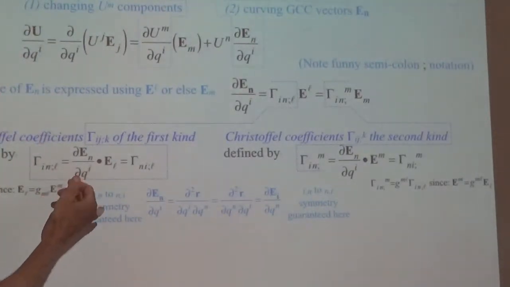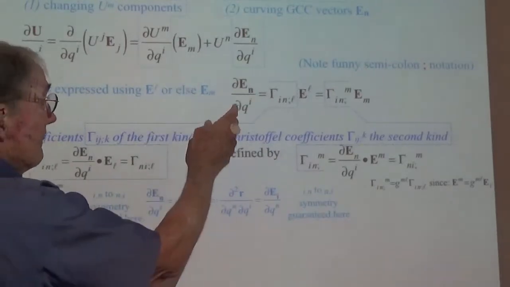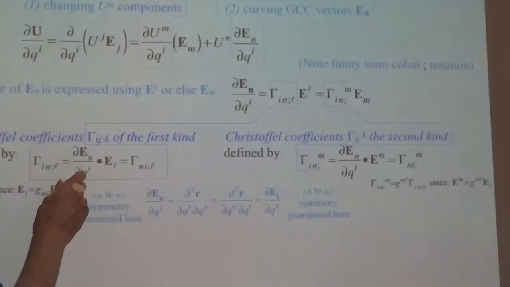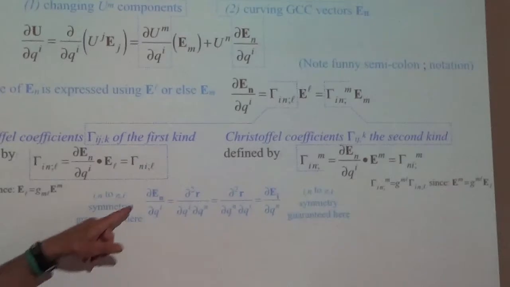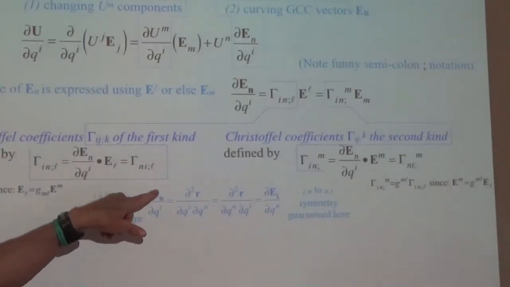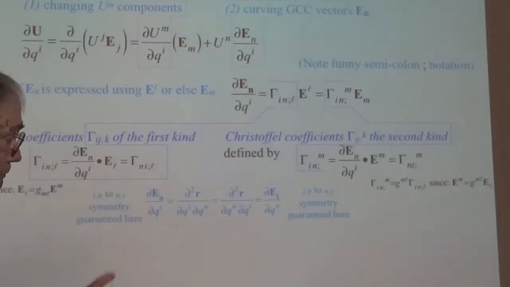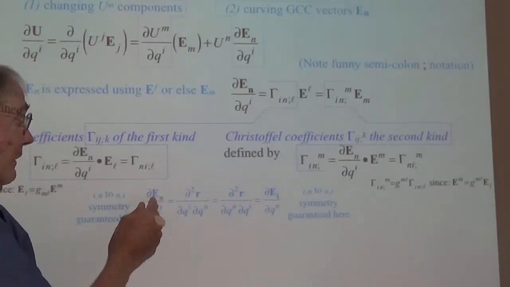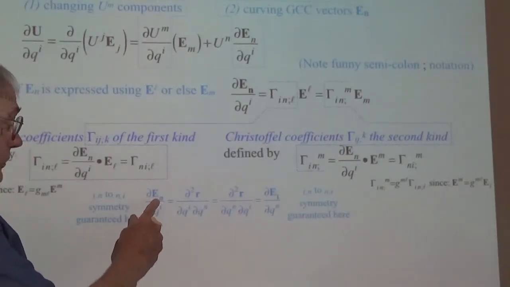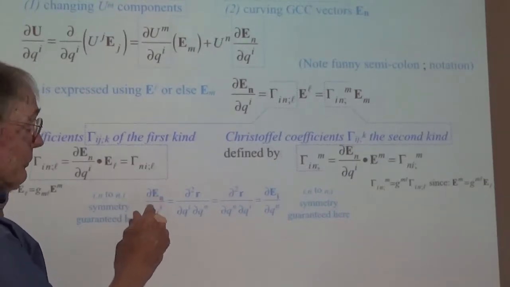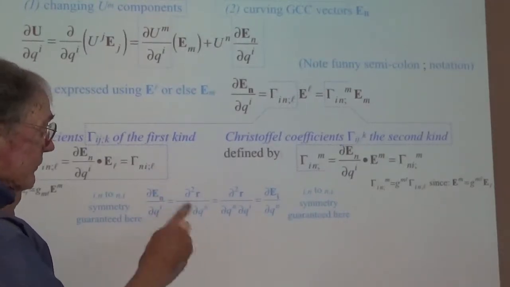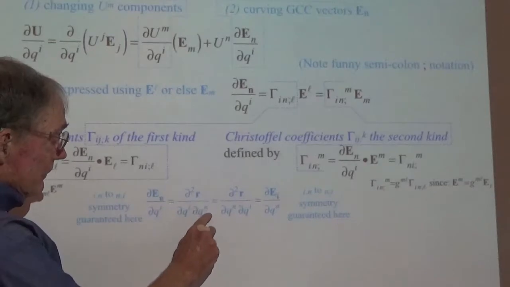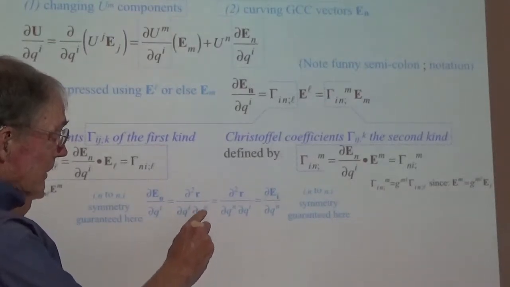But the basic idea of that is that if you write the partial derivative with respect to qi of the E vector, and then remember that the covariant vector in any case is the partial derivative of r with respect to whatever index you apply to the coordinate in question.